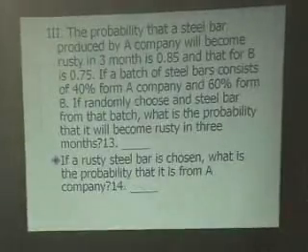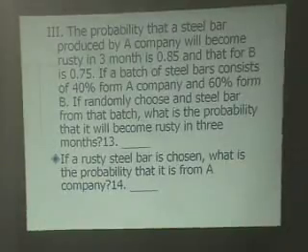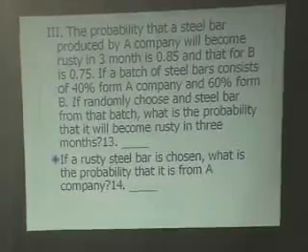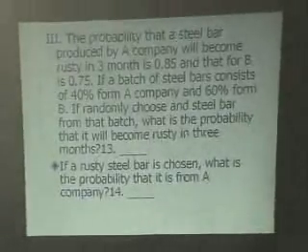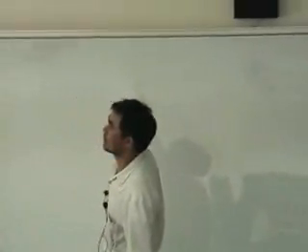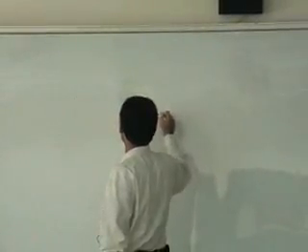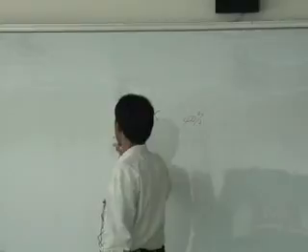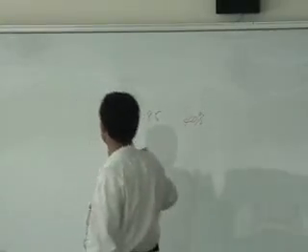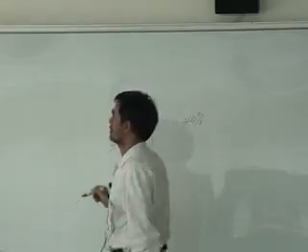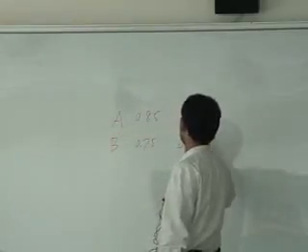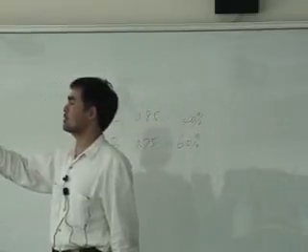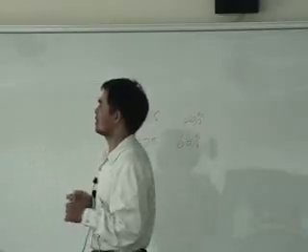Do we need to calculate it? Okay, so let us do it. Here, you have from A the rusty rate is equal to 0.85, and we have 40% from A. And then from B, the rusty rate is 0.75, and 60% is going to be from B. So if you choose any one from this batch, what's the percentage it's going to be rusty in 3 months?